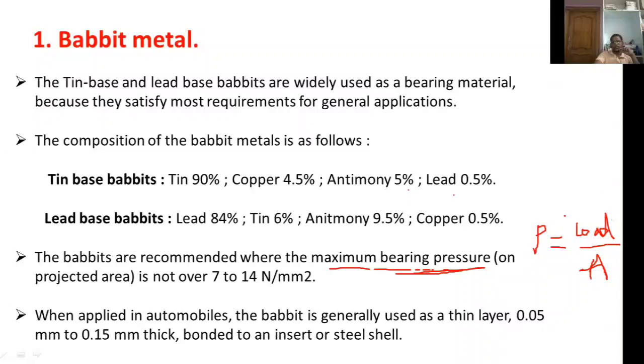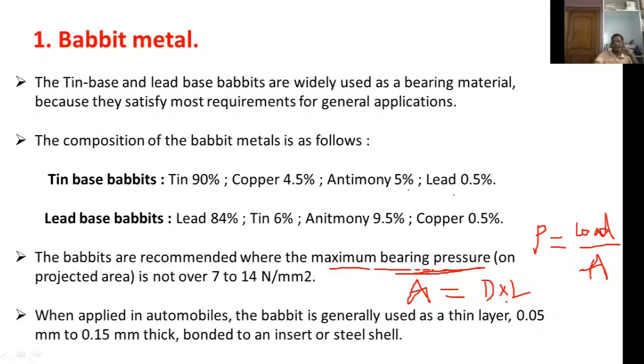This load is acting on the shaft or bearing. The area is the cross sectional area of a bearing, that is the diameter of a bearing, capital D, the inner diameter of a bearing, into the width or length of a bearing.